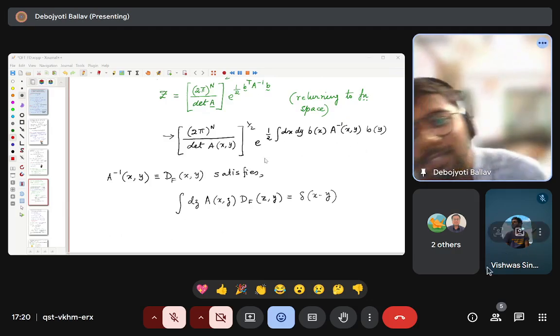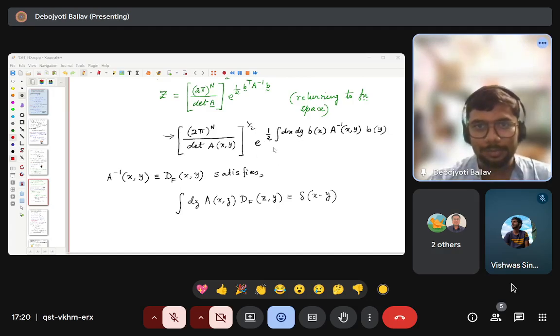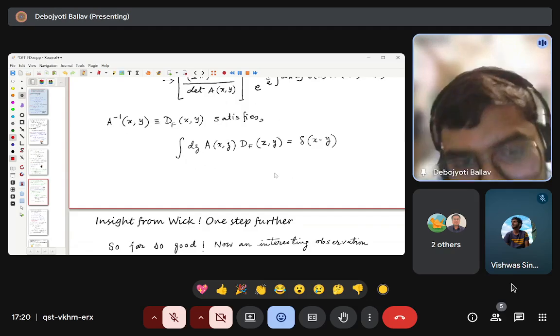You don't need to care much about this constant factor. All the physics is behind this integral. If you are not a mathematician, then you don't need to care much about some constant factors.